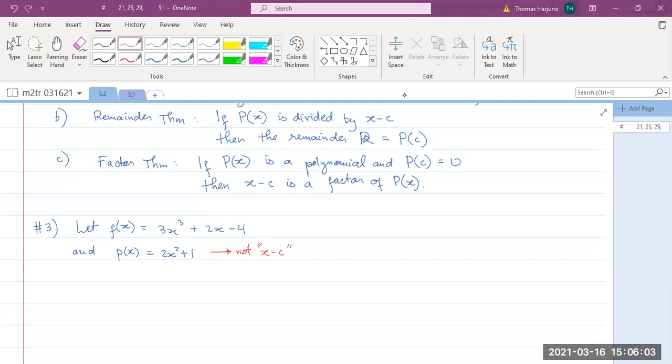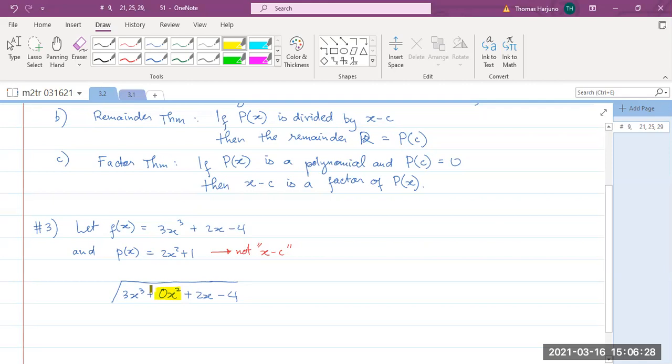Because of that, we need to do long division where the dividend is inside the house: 3x cubed plus 0x squared plus 2x minus 4. Notice that I insert 0x squared as a placeholder.